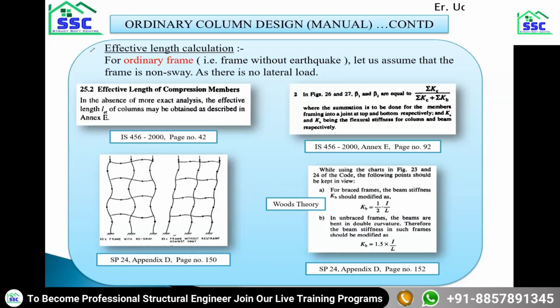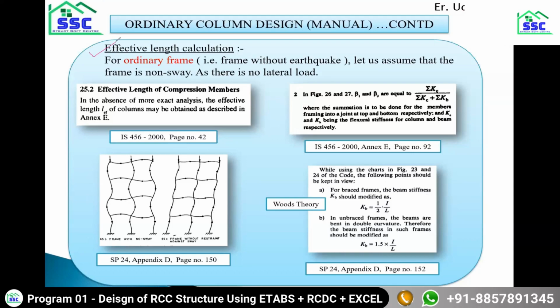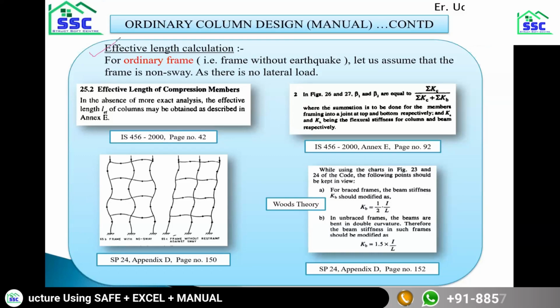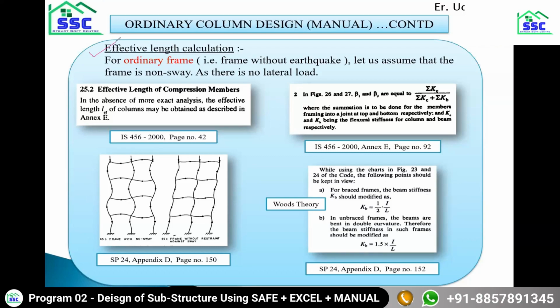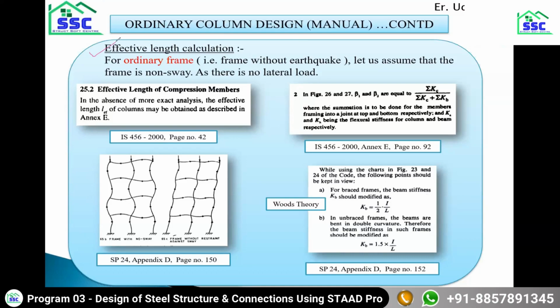This is the only reason why people find the design of columns tricky in ETABS or in any software, because unfortunately we are not taught this in a correct manner in our academics itself, and that is why people face a lot of problems when they start practicing structural engineering.